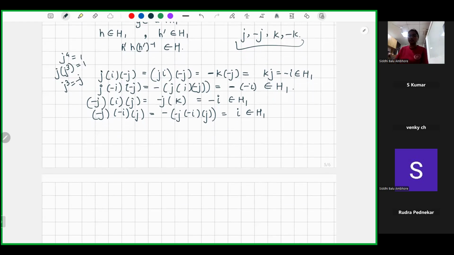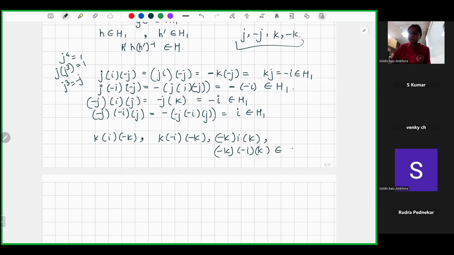You can check for, so let me just write the list of elements which you need to check. It is K, I minus K, K minus I minus K, minus K, I, K, and minus K minus I, K, whether this belongs to H1 or not. And you can see that all these elements belong to H1.